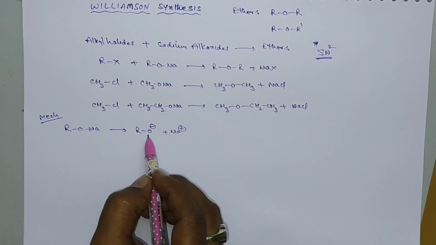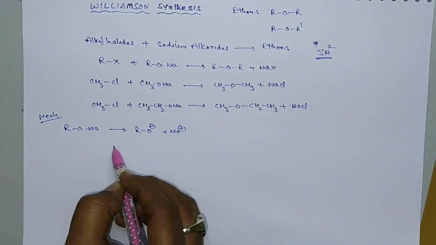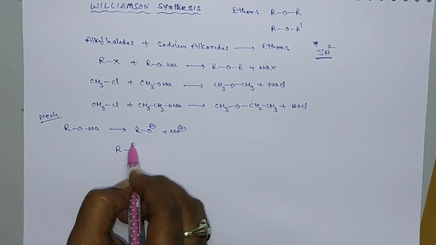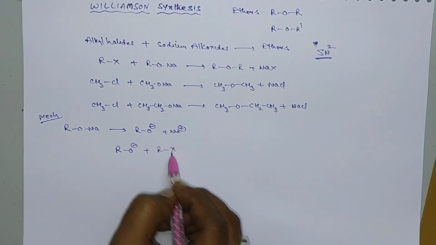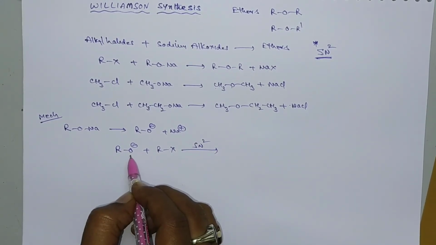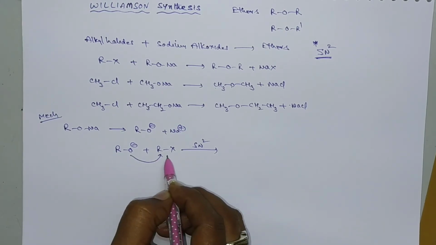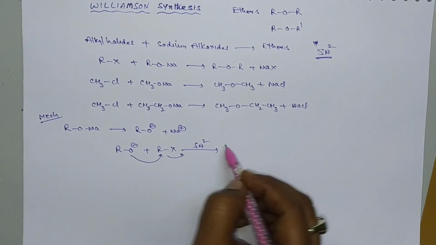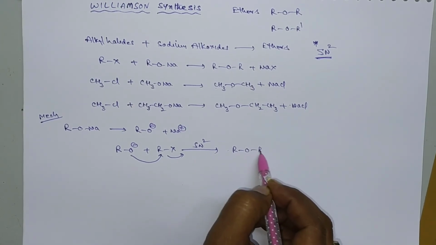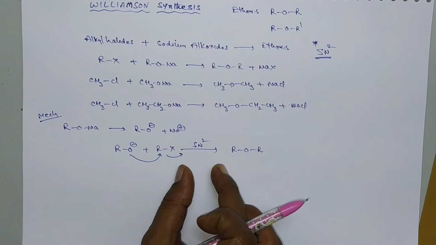This alkoxide ion reacts with the alkyl halide through the SN2 mechanism. Whenever the alkoxide ion approaches the alkyl halide, the halogen leaves, and then it forms ROR. In this way we can prepare ethers by the SN2 mechanism.